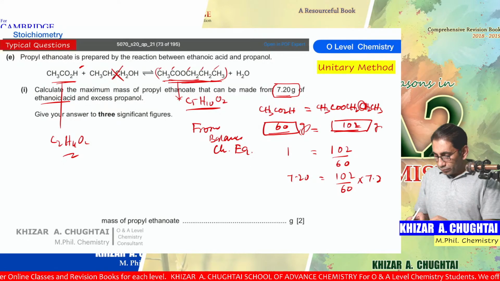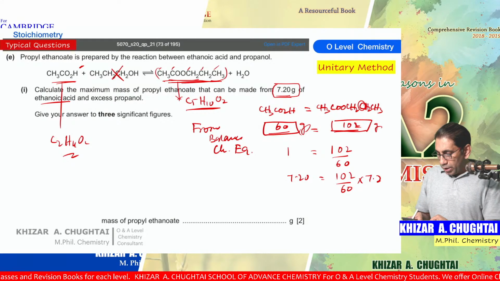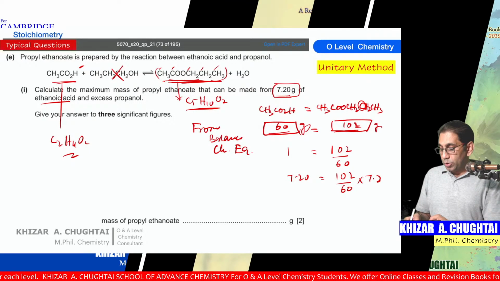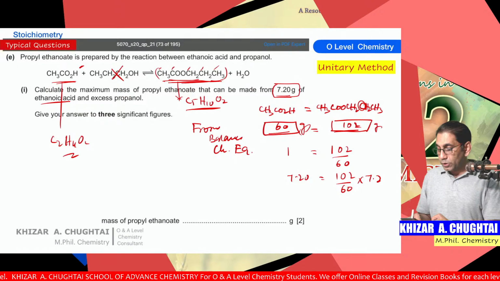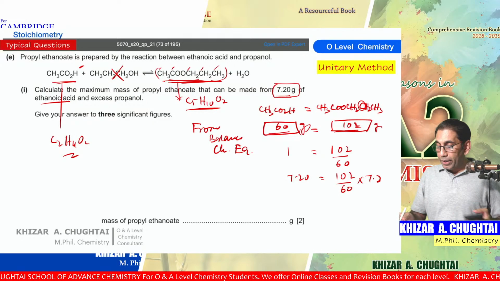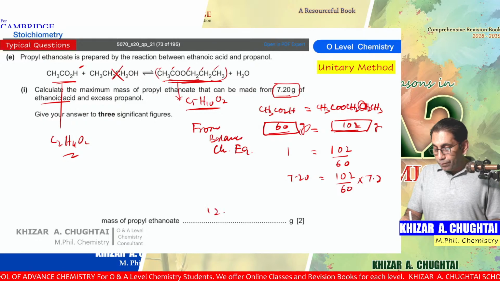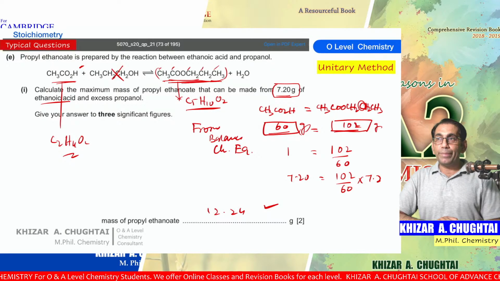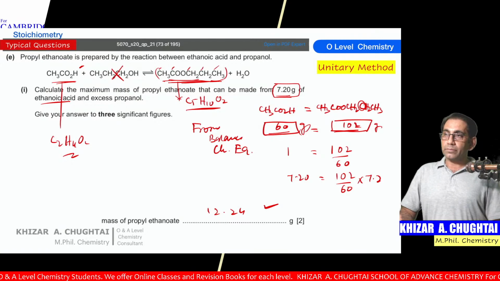So 102 into 7.2 and divided by 60, and the answer is 12.24 gram. That is the appropriate answer, and so on.